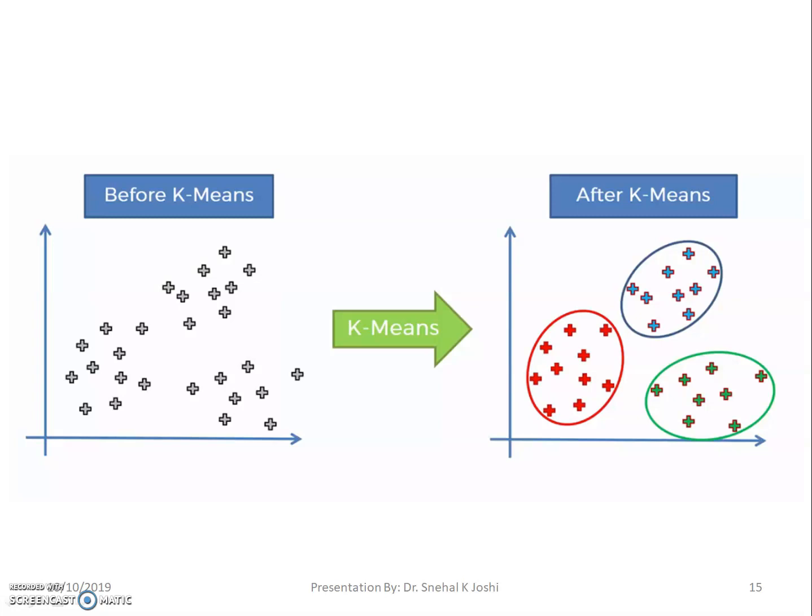Actually, this algorithm is heuristic by nature. It does not guarantee to converge to the global optimum. This algorithm is guaranteed to converge, but it may be a local optimum and not the global optimum. Actually, the result depends on the initial cluster selection. This is an iterative algorithm, and hence for an initial value of k, it runs multiple times to form the cluster until it reaches convergence.